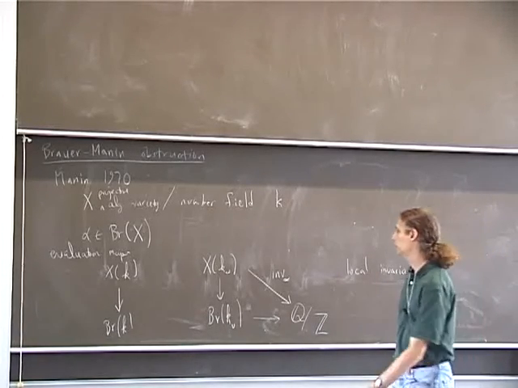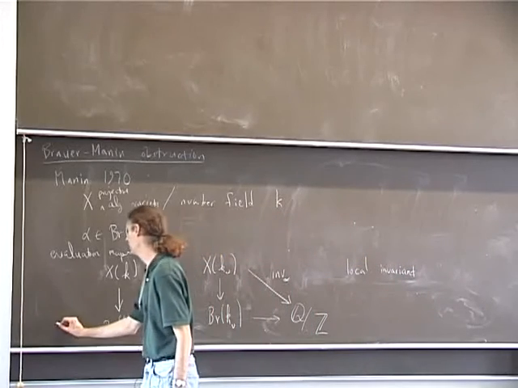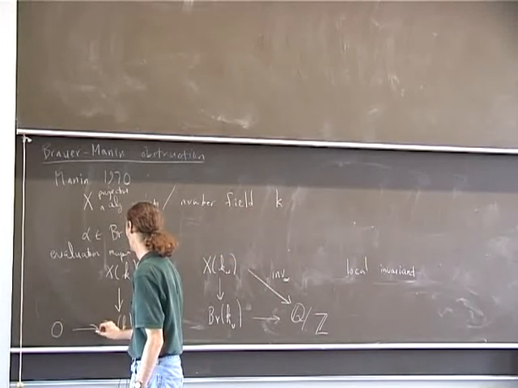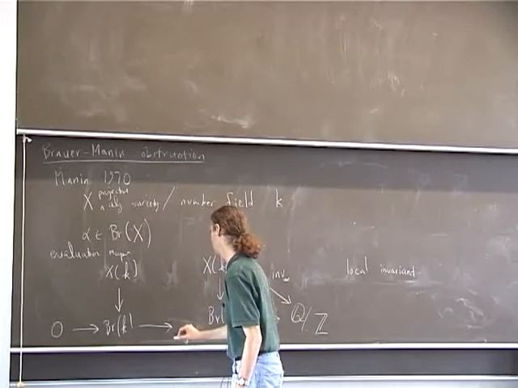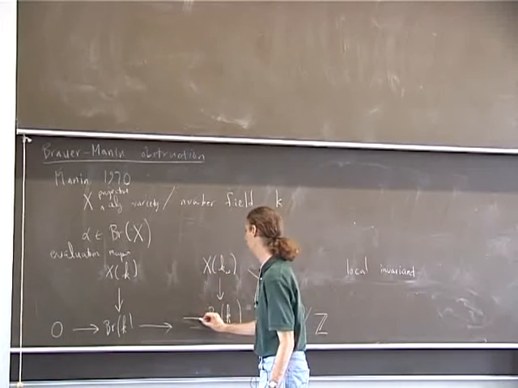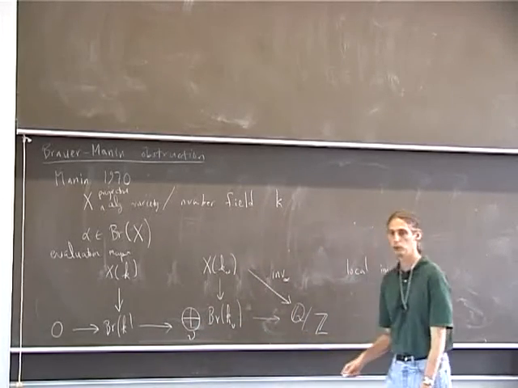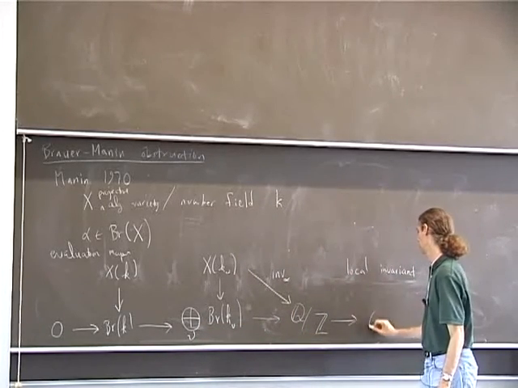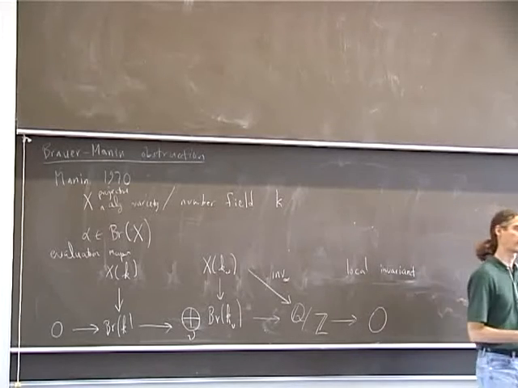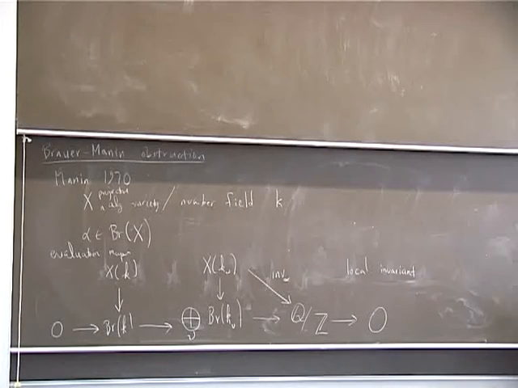Okay, so there's an exact sequence. Let's remember this from a few days ago. Brauer K to the direct sum over all places nu of Brauer K nu, like that.